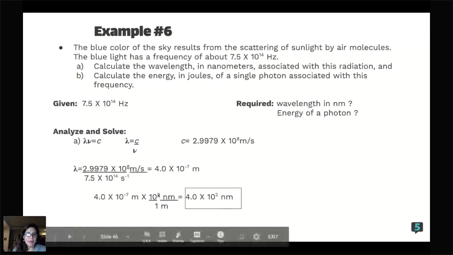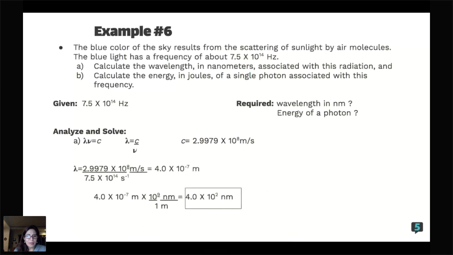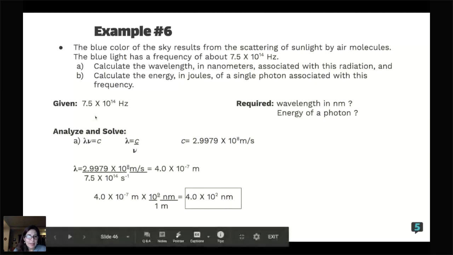And we have now our answer in nanometers. So we are already done with part A. Another thing that you have to be careful about is the significant figures. In the given, they give us 2 significant figures, so we need to answer with 2 significant figures.